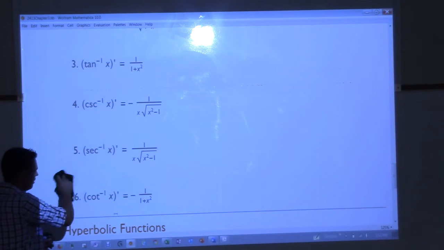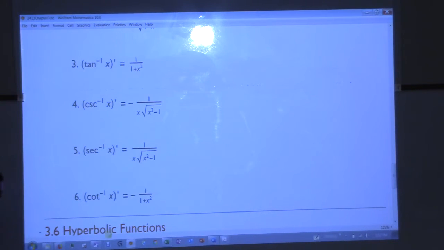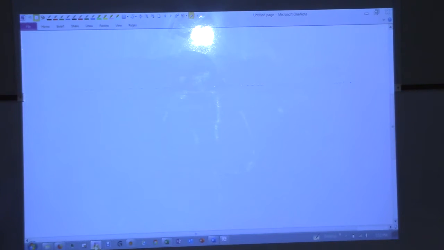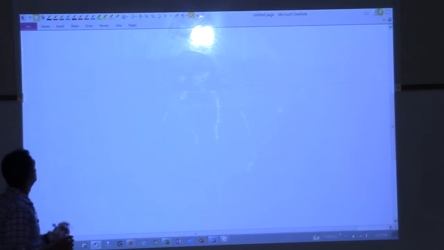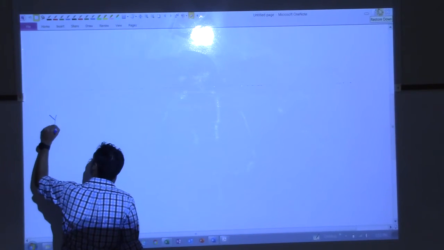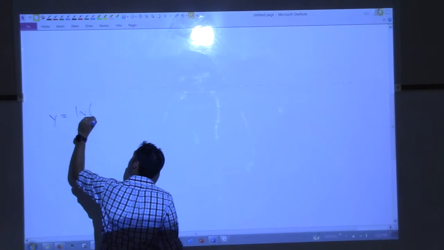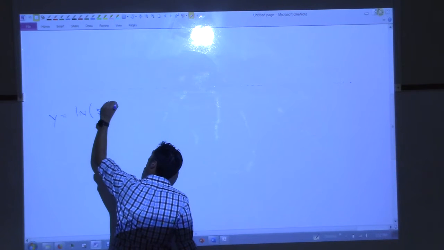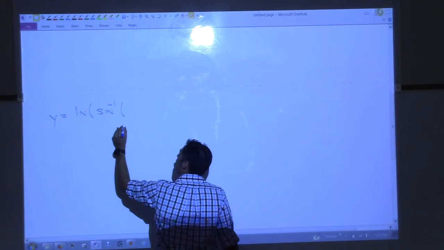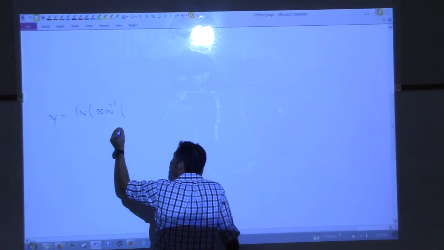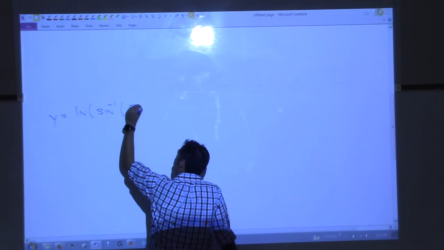So let's see if we can take some derivatives then. All right, so here we go. Y is equal to the natural log of arc sine of square root of x.